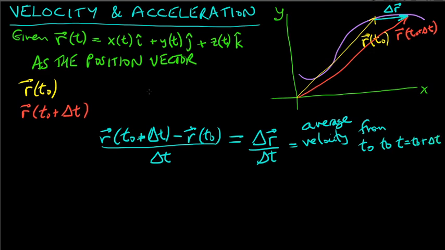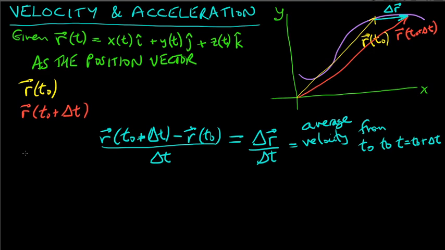If delta t is small, then think about what you're doing. You're dividing by a small number, which is multiplying by a bigger number, so you're making this vector longer. So that's the average velocity.